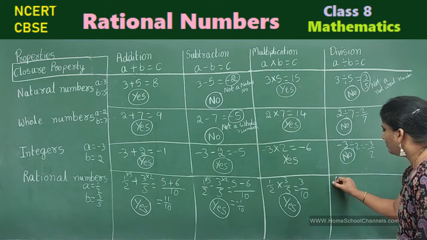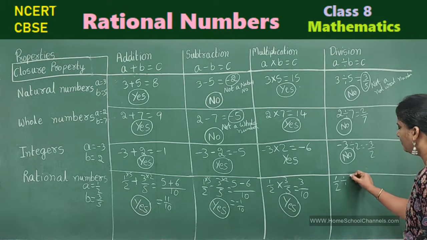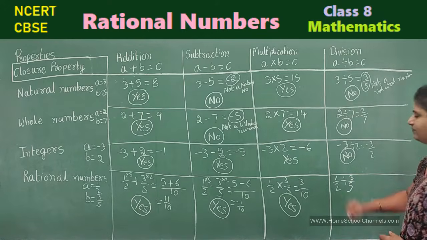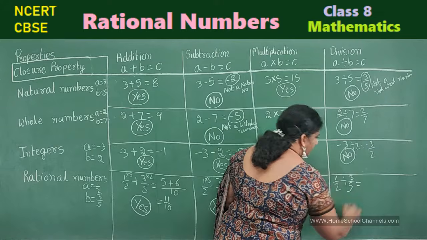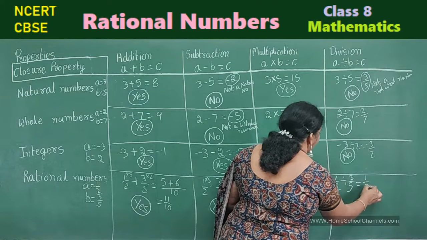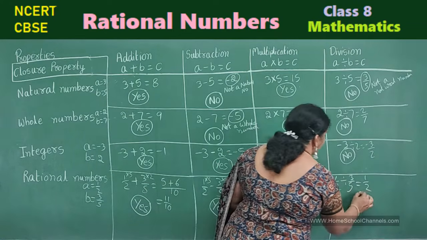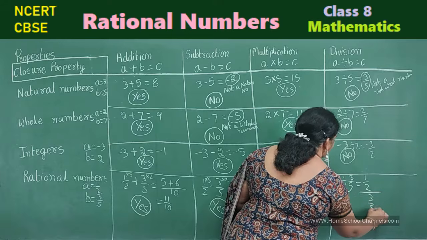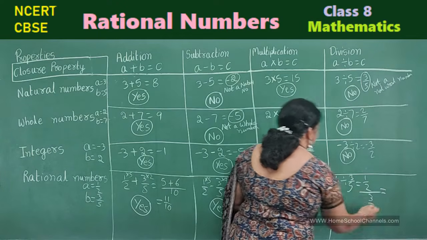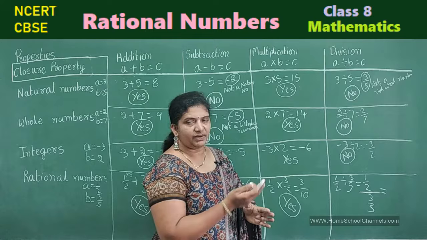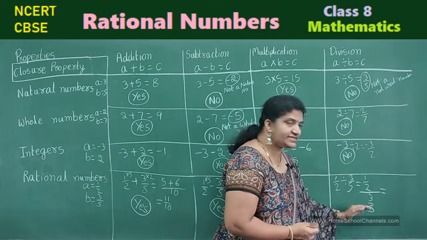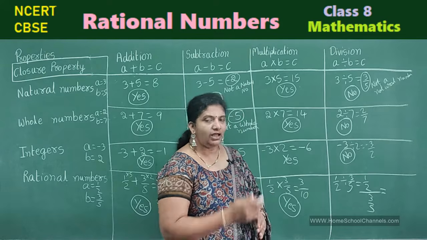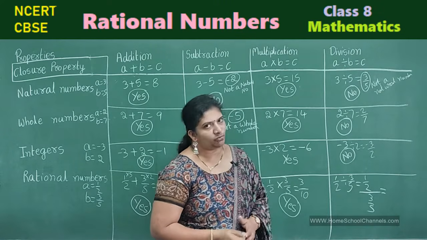Next, closure property of rational numbers under division. So 1 by 2 divided by 3 by 5. How can you rewrite this one? Is equal to 1 by 2, whole divided by 3 by 5. This 3 by 5 bring to the numerator. How? We need to do the reciprocal of the denominator and then multiply to the numerator.